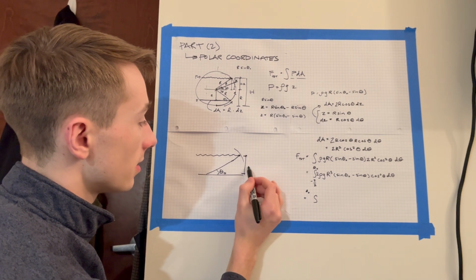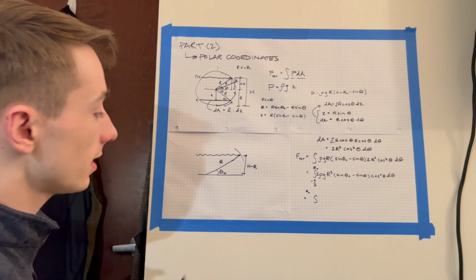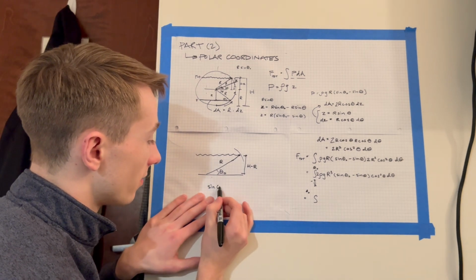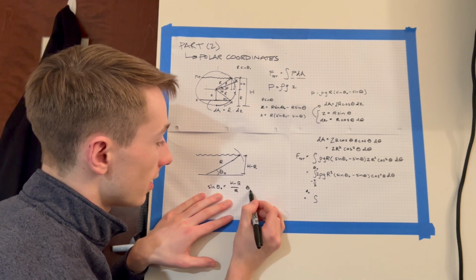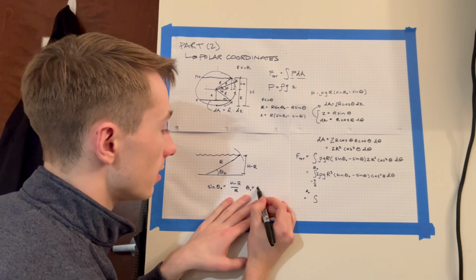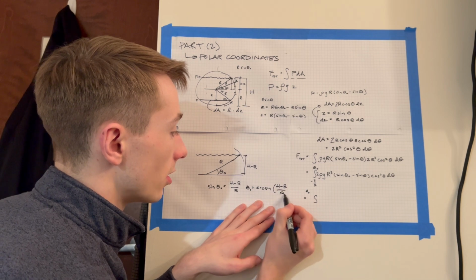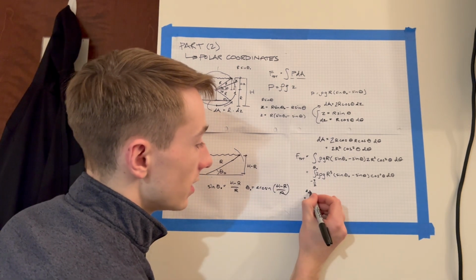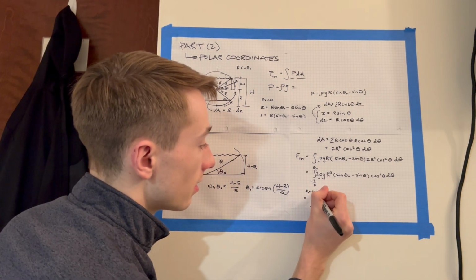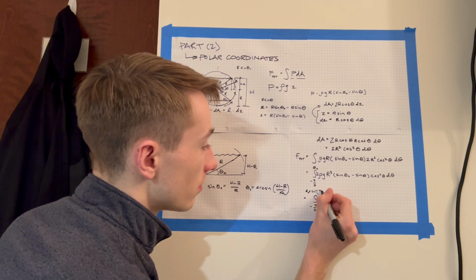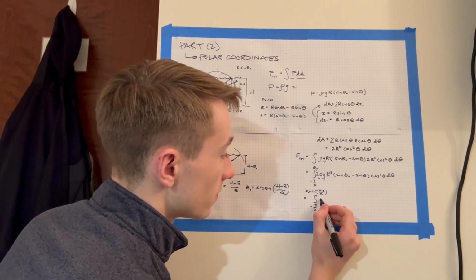This distance here is h minus r, and this distance is r. So if the sine of theta naught is equal to h minus r over r, then theta naught equals the arc sine of h minus r over r. So that's what we should be integrating to. You can go from negative pi over 2 to theta naught equals the arc sine of h minus r over r.